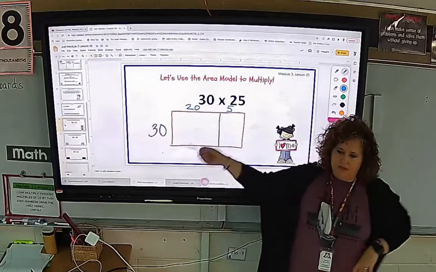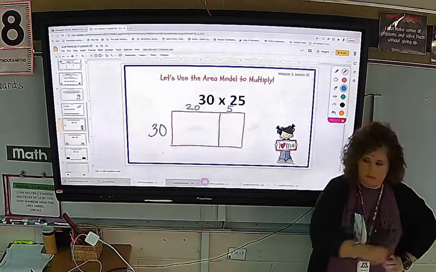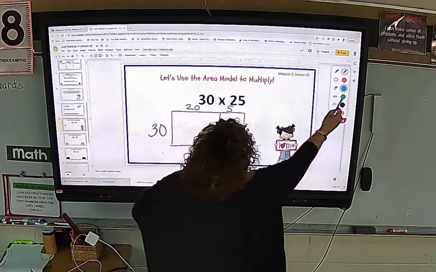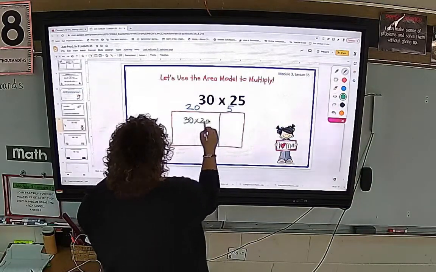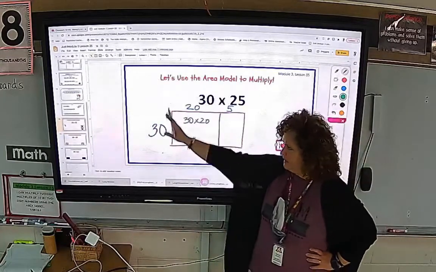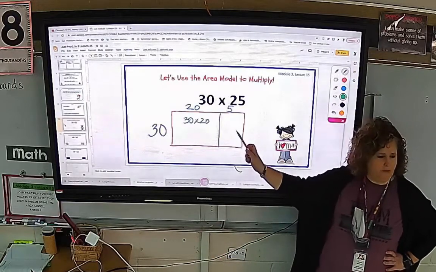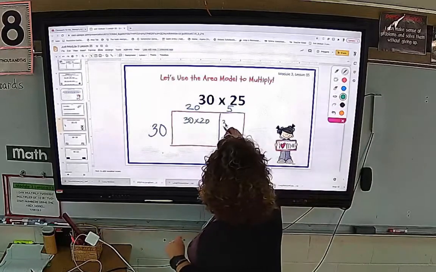Think about what we've done in the past when we've multiplied multiples of 10 together. We've got 30 times 20. This box is going to turn into 30 times 20 because I'm taking the length times the width. What do you think the math problem will be in here? 30 times 5. Exactly. 30 times 5.